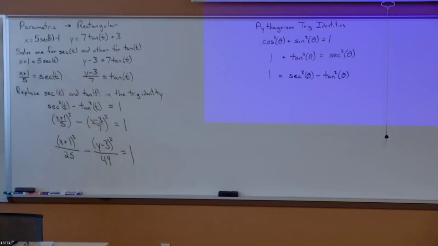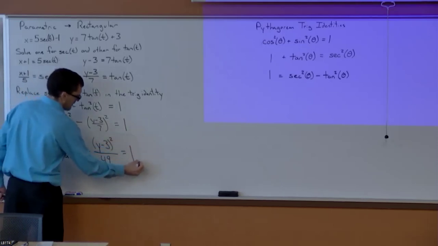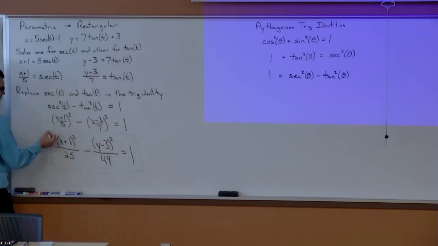And I end up with x plus 1 quantity squared divided by 25 minus y minus 3 quantity squared over 49 equaling 1. And we can all see that that is exactly our standard version of the hyperbola.